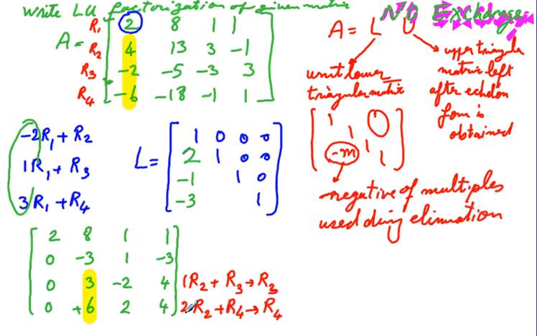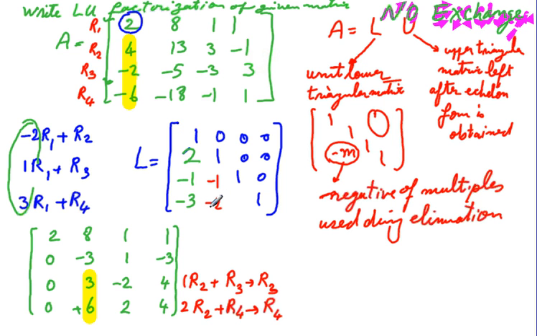2 row 2 and row 4 is going to give me this, this was row 3, this is row 4. While we have this thing fresh, let's fill in the entries here. Who goes in this spot? -1. And who goes in this spot? -2. The multiples that you use for eliminating these entries go sit in the corresponding location, except the numbers become negative.